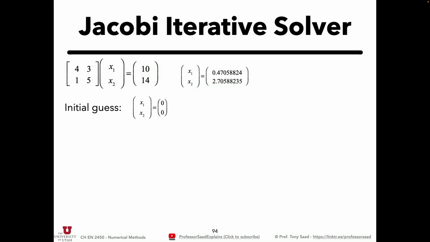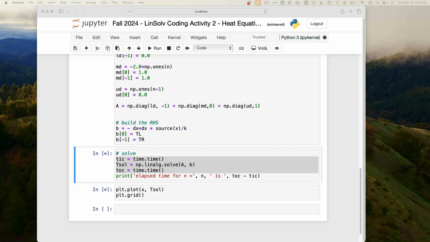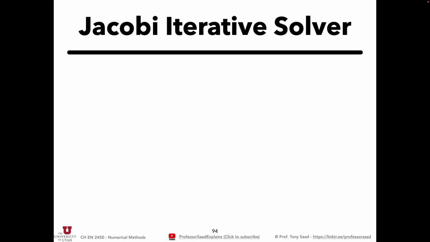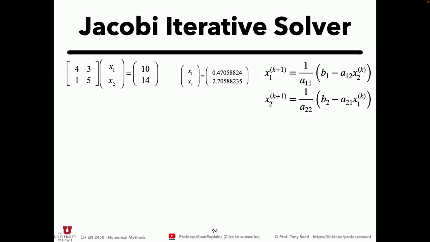For our iterative method, what I want to do, okay, hold on. And that's going to be our formula for the update. An initial guess is 0, 0.